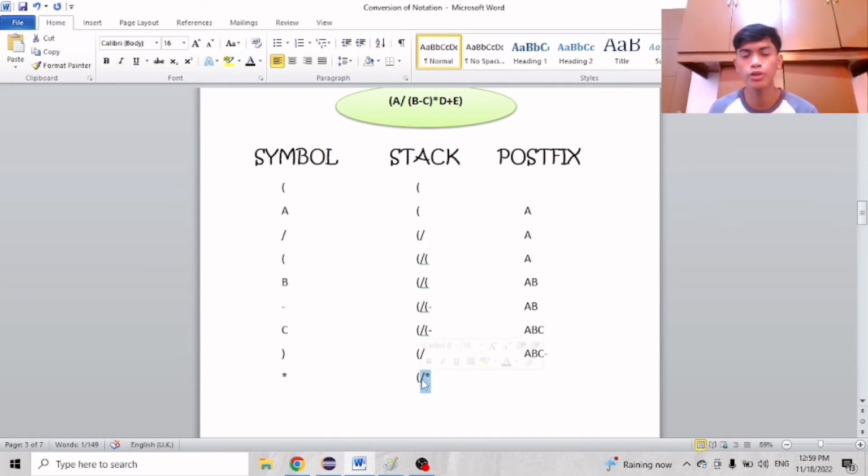They are the next priorities before and after the exponent. So the first will need to be popped and put into the postfix. So all we need to do is pop it, then put it in the postfix. So simple logic, guys. So now let's go to letter D.